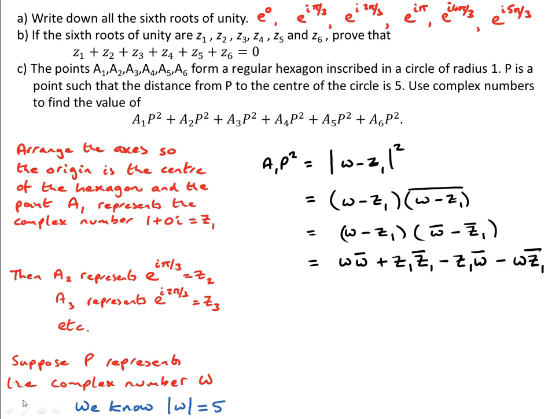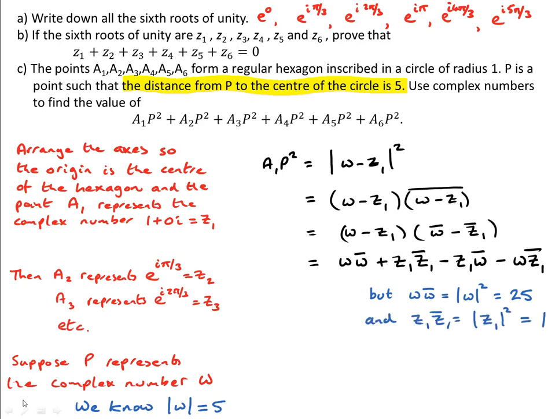Now we know the modulus of W is 5 because the distance from P to the centre of the circle is 5, and we know that P is being represented by the complex number W. So W times W bar is the modulus of W squared, which is 5 squared, which is 25.